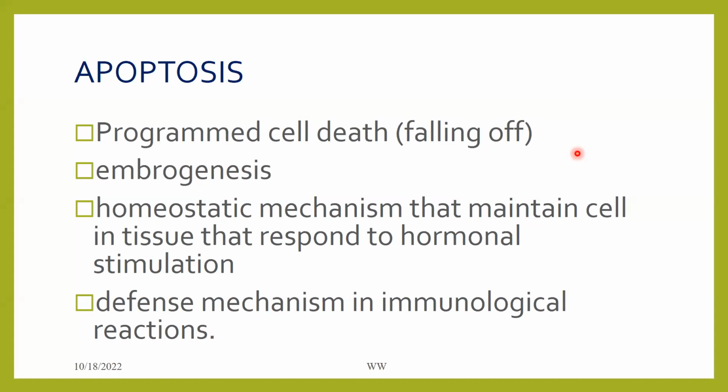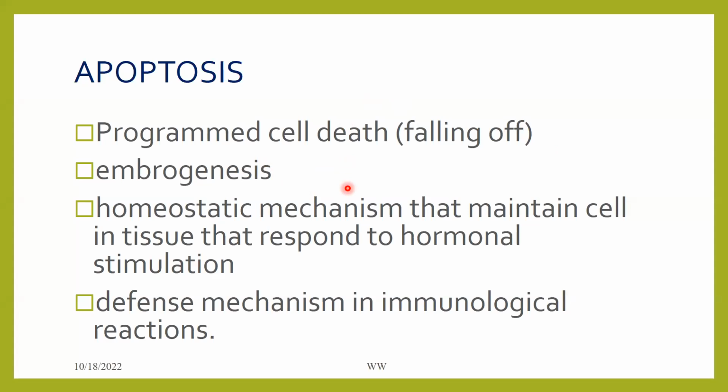Some of them must die off so that the rest of the cells continue and lead to whatever is programmed to be. So apoptosis occurs during embryogenesis, and it can also occur because of pathological processes. It is also seen in the cells that respond to hormonal stimulations.